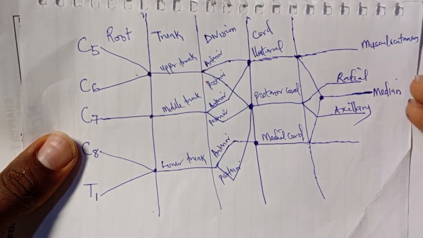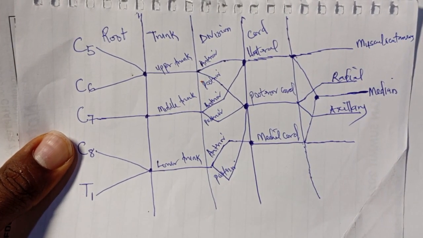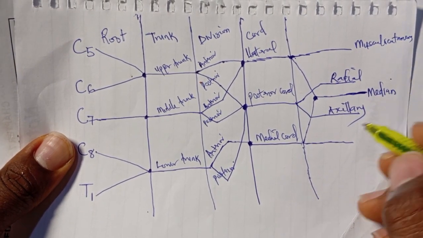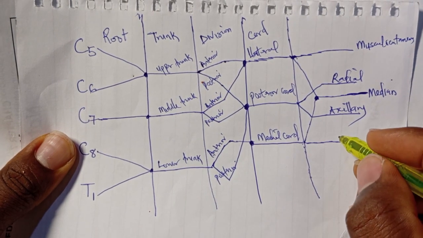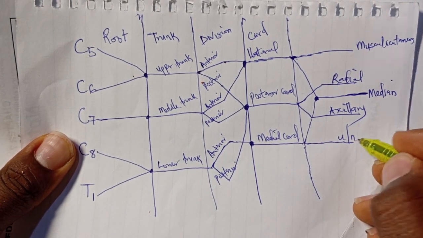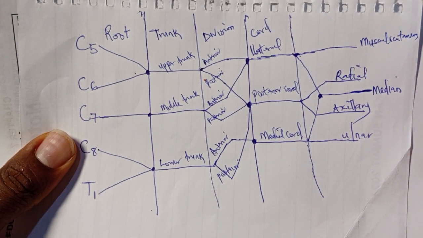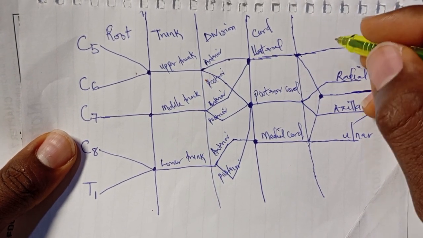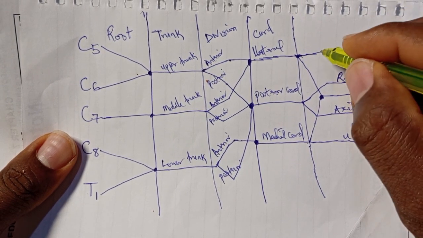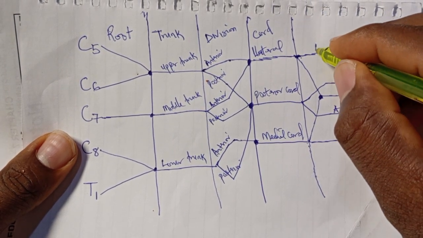Then the anterior part of the lateral cord will form a musculocutaneous nerve, while the posterior division of the medial cord will form an ulnar nerve, which you can see on the screen.